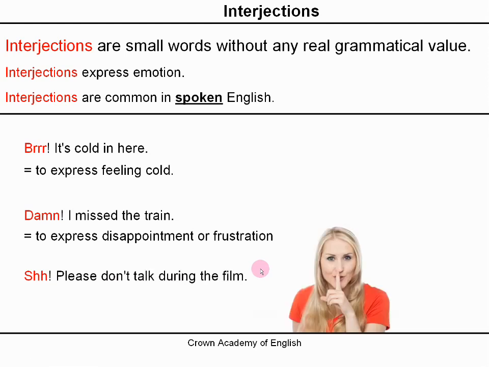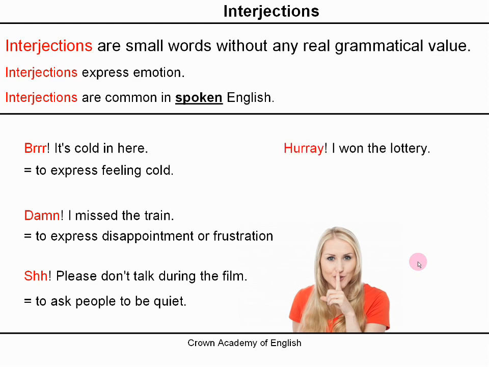Shh, please don't talk during the film. So shh is when we ask people to be quiet. And here the lady is showing the physical gesture that we use in English when we want someone to be quiet. We put the finger in front of our lips and then we say shh.